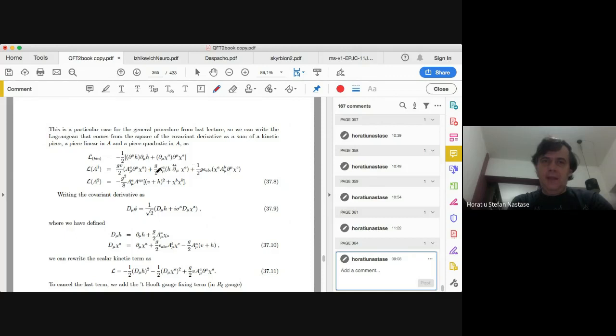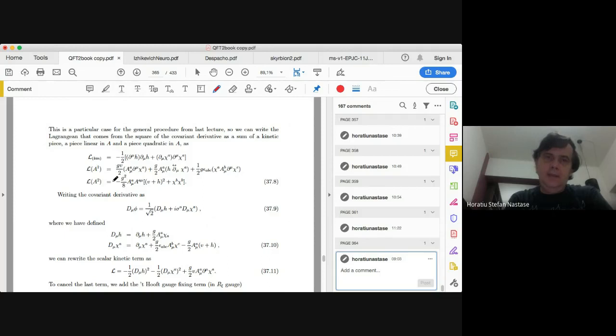Then there's an interacting part, linear in A: g over 2, A mu a, times (chi a d mu H minus H d mu chi a). Then plus 1/2 g epsilon abc, chi a A mu b, d mu chi c.